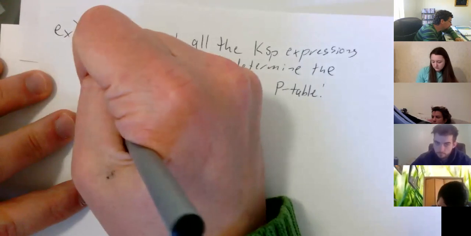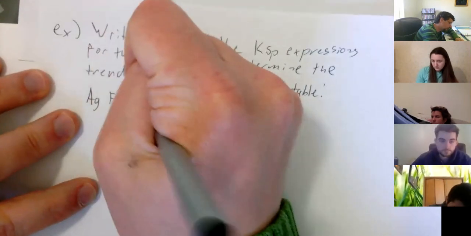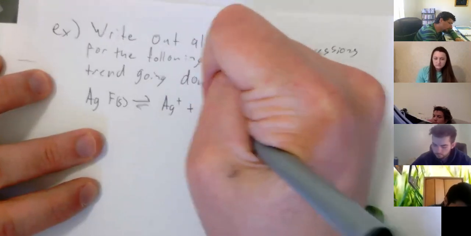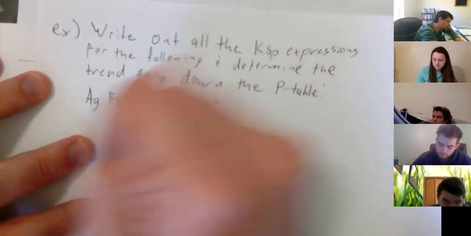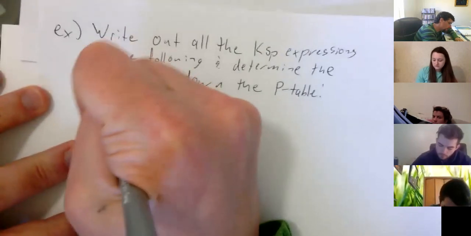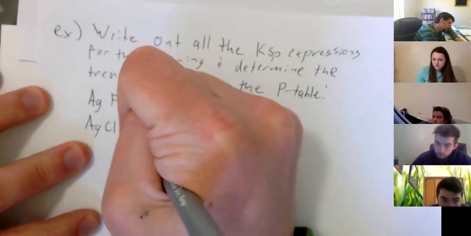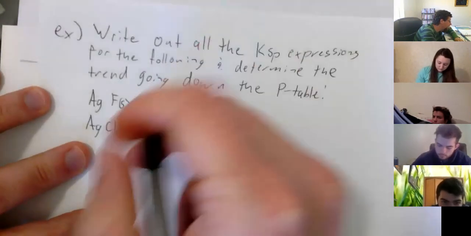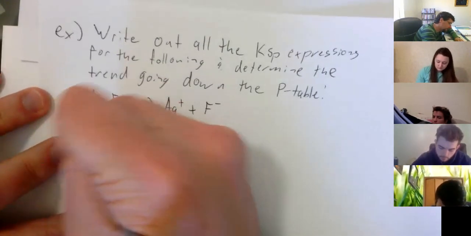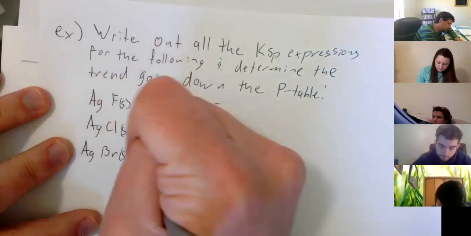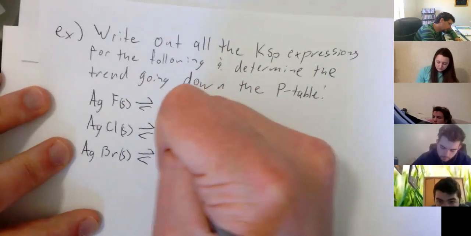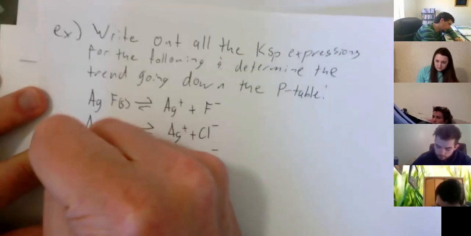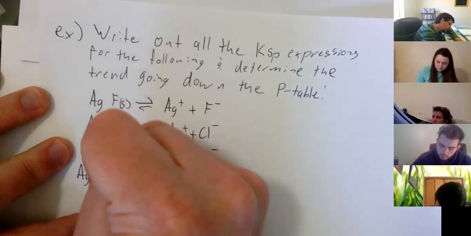So we have AgF solid, Ag plus, F minus. We have AgCl solid, Ag plus, Cl minus, AgBr solid, Ag plus, Br minus, and AgI solid.